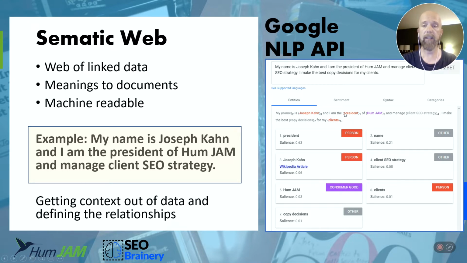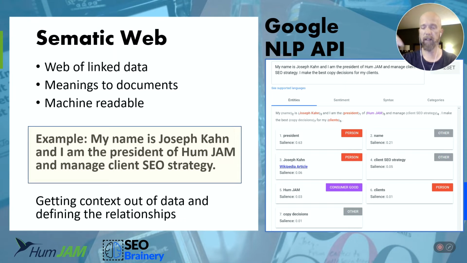Now, in the demo, you can put all kinds of text in here. I'm just using this example: my name is Joseph Kahn, I'm the president of HumJam and manage client SEO strategy. If I just put that in, it recognizes entities right off the bat. It says, oh, we recognize this word president. Is this a person? You recognize it doesn't say president of HumJam.